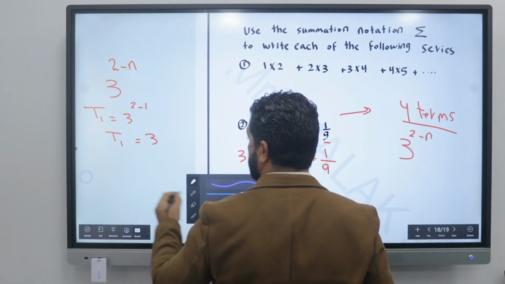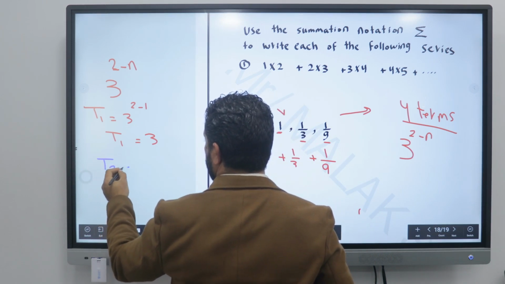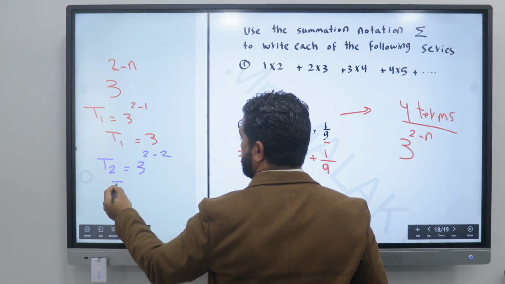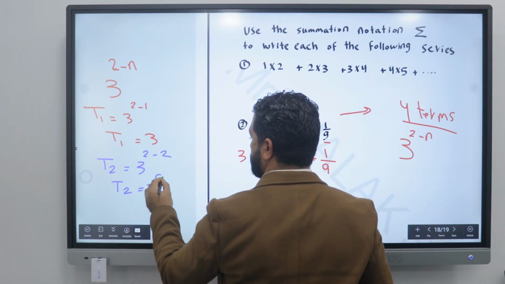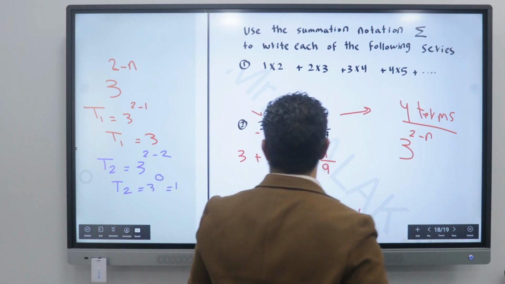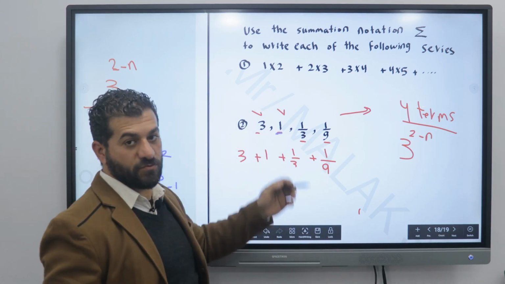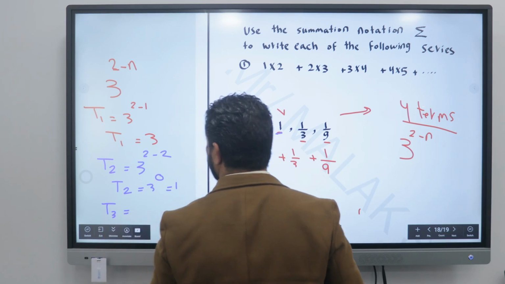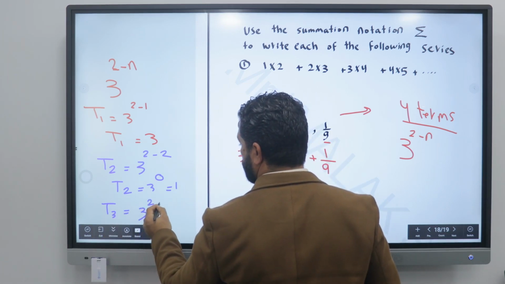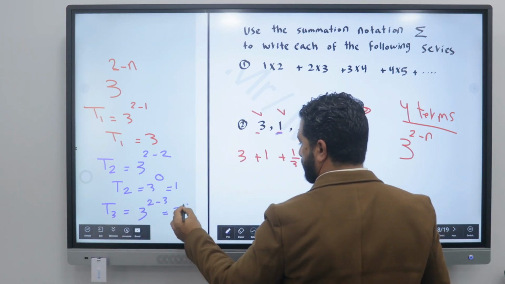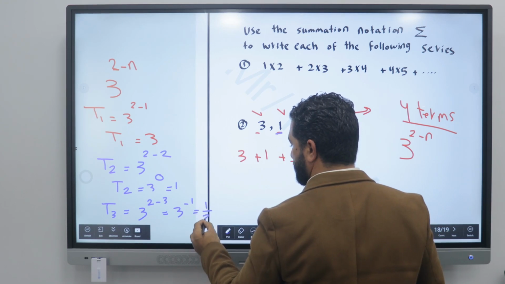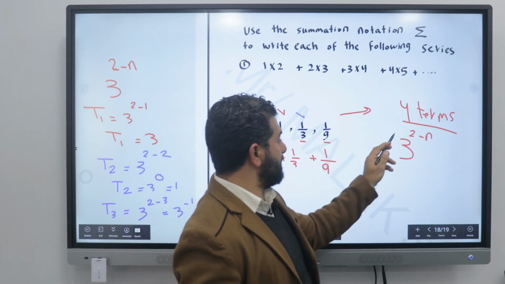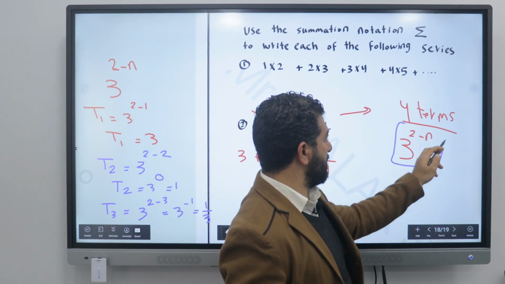If you check T2, the second term, it's 3 to the power of 2 minus 2, which is 3 to the power of 0, which is 1. As you see here, T2, the second term, is 1. And if you check T3, the third term, it's 3 to the power of 2 minus 3, which is 3 to the power of negative 1, equals 1/3. So that's right. The sequence is 3 to the power of 2 minus n.